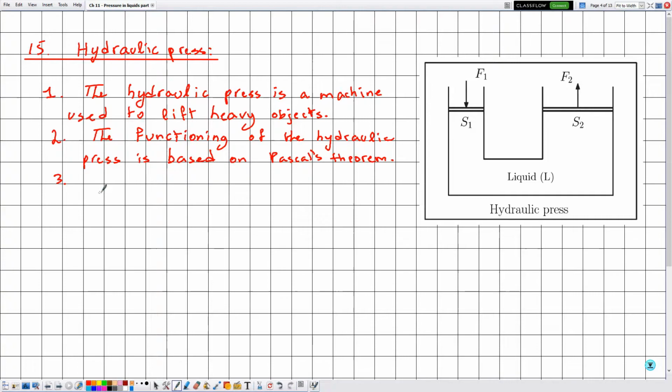Statement number 3. So the heavy object is placed on the surface of larger value.